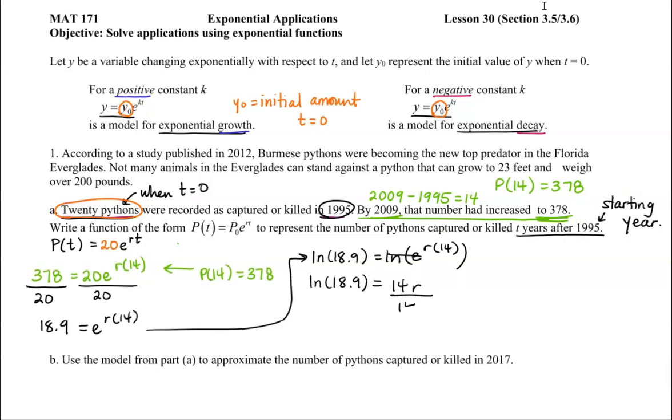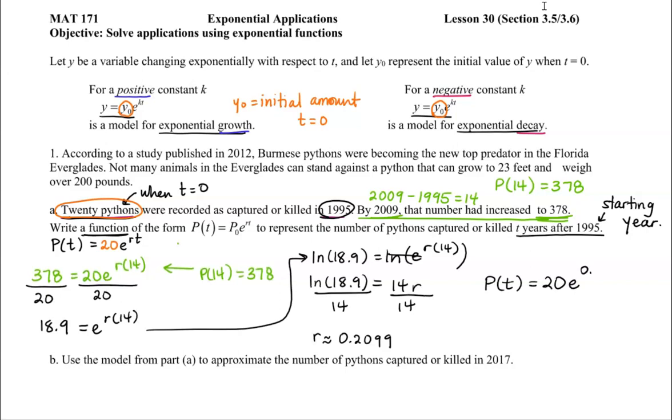To finish solving for r, we divide both sides by 14, which gives us that r is approximately 0.2099.